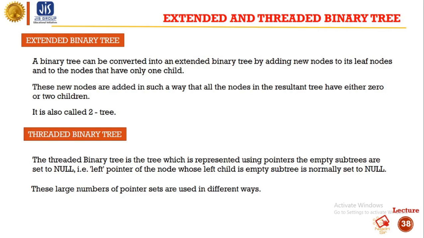In other words, the degree of every non-leaf node will always be 2. A strictly binary tree with n leaves will have 2n minus 1 nodes. Basically, a strictly binary tree is the same as the extended binary tree. So every non-leaf node has 2 children.